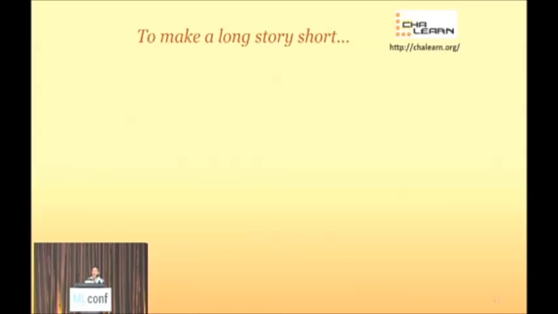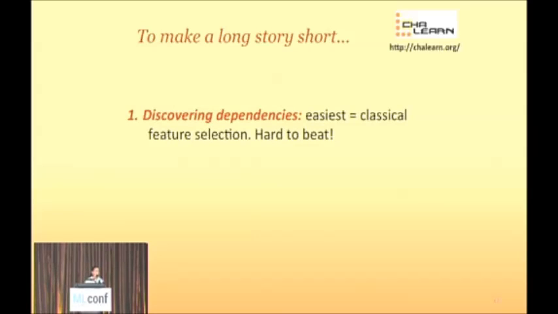So to make a long story short, what did we learn with these challenges that we organized? The first thing we learned is that discovering dependencies is the easiest part of this problem. A dependency is a little bit a generalization of a correlation. So correlation essentially measures the linear dependencies. You can have nonlinear dependencies. Also, you can have dependencies between multiple variables. But this is all classical statistics. This is all fairly well understood.